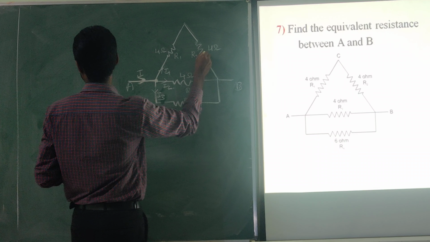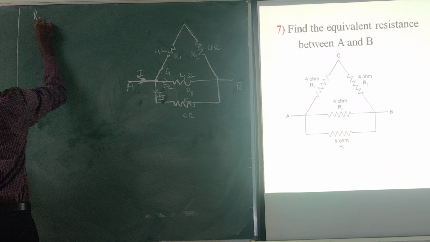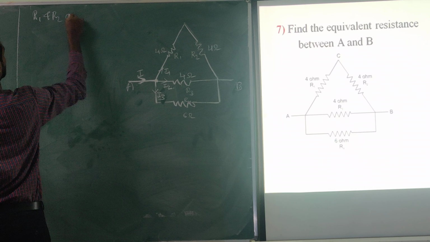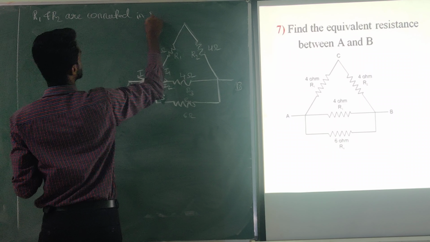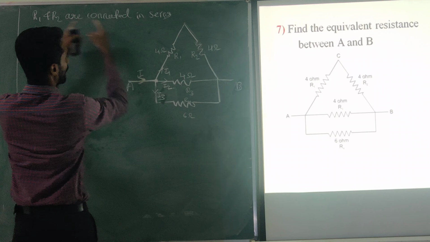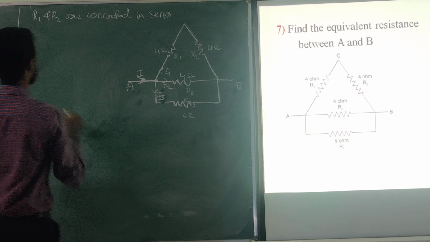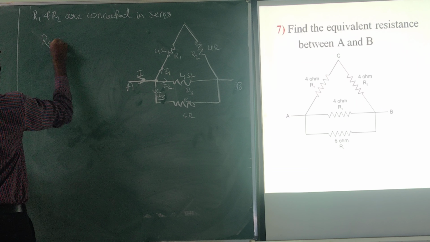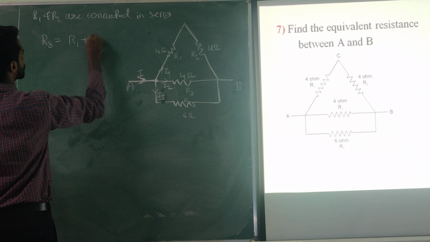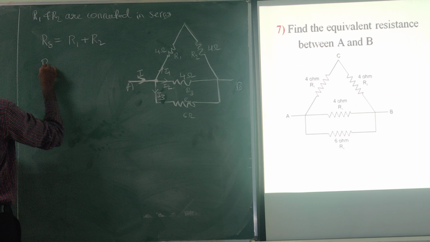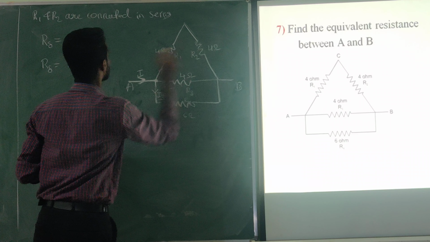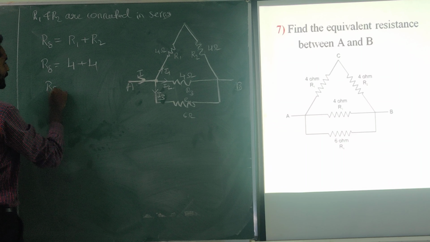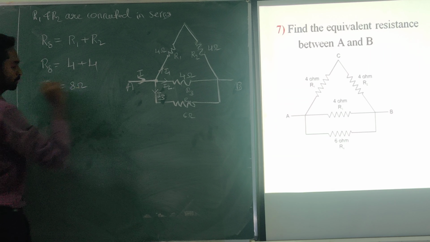Now R1 and R2 are connected in series. What is the formula? Rs is equal to R1 plus R2. So Rs is equal to R1 value 4 ohm plus R2 value 4 ohm, and you will get Rs equal to 8 ohm.